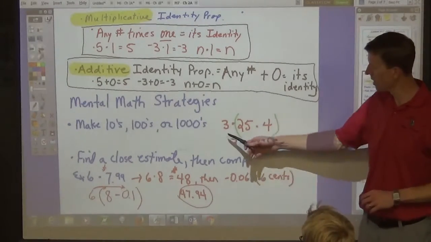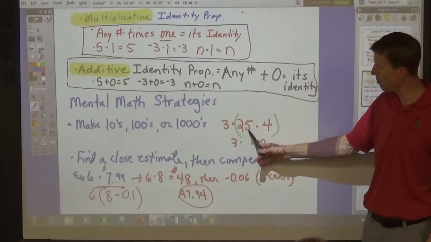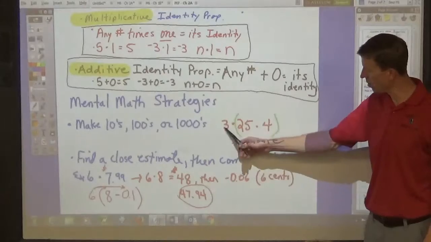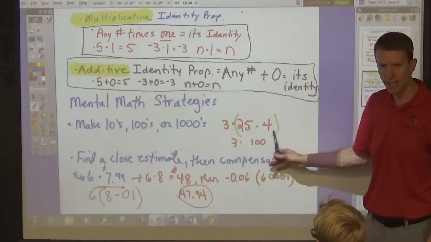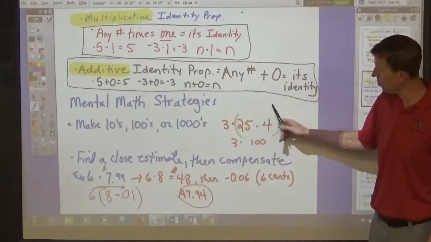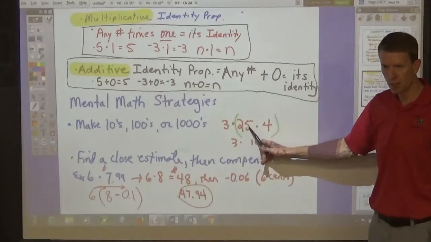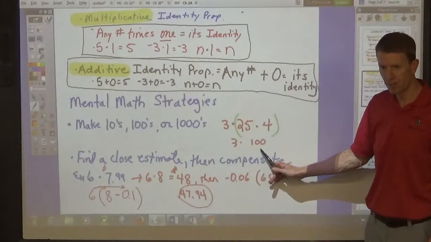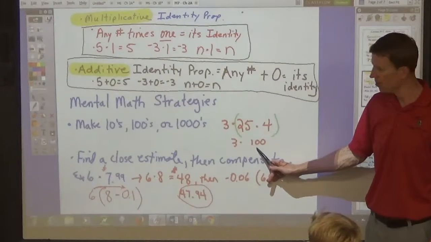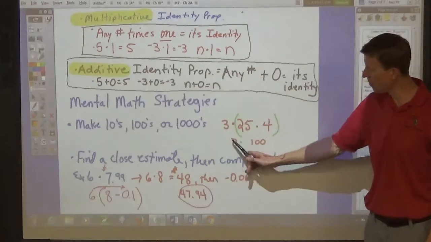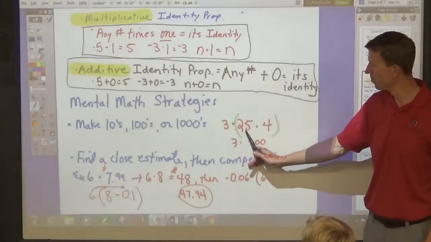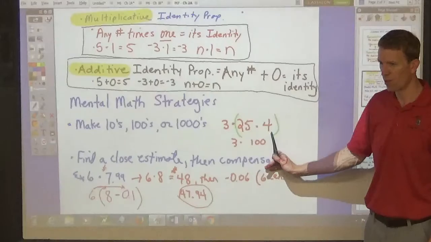Okay? Here's an example. 3 times 25 times 4. And so rather than doing that in the order that it's written from left to right, if you reassociate the 25 with the 4 and do that first, it makes 100. And so doing 100 times 3 is easier than doing 75 times 4 for some people.